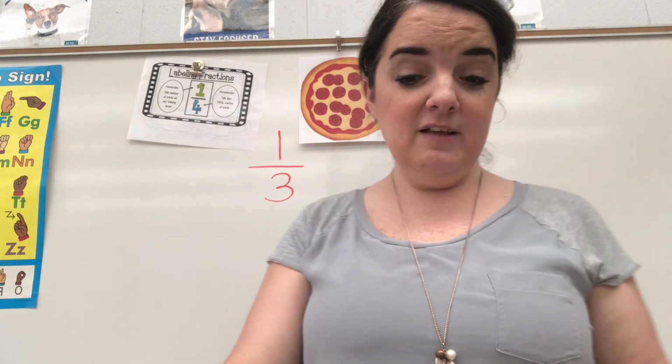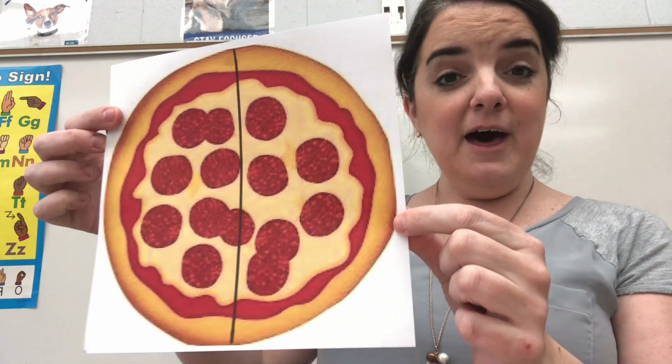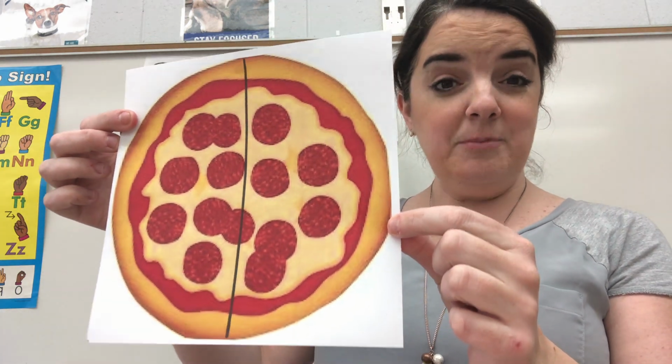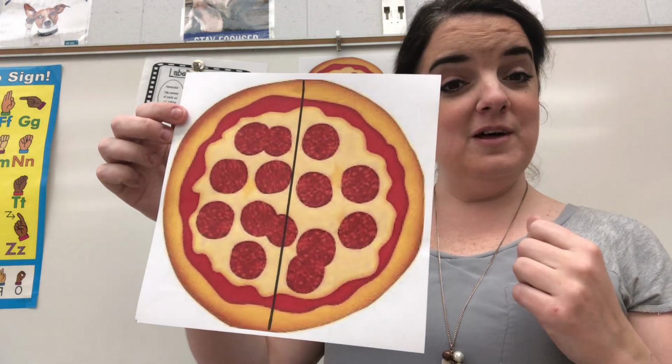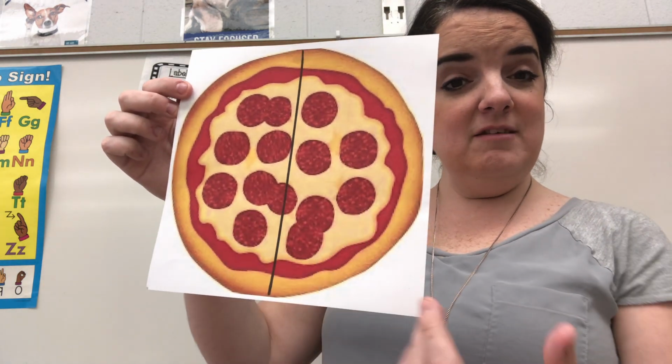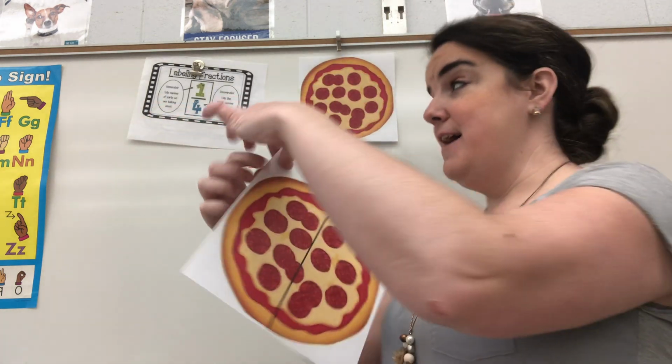Now, the next pizza I'm going to show you is right here. Look carefully at this pizza. How many pieces is this pizza cut into? It's cut into 2. So each of these pieces is 1/2. So it's half.